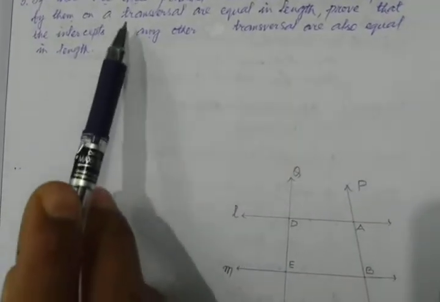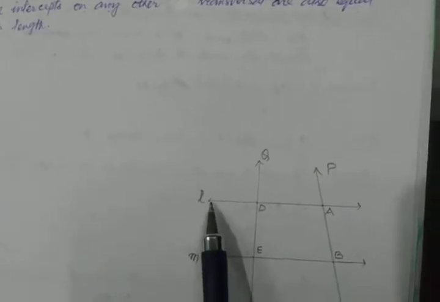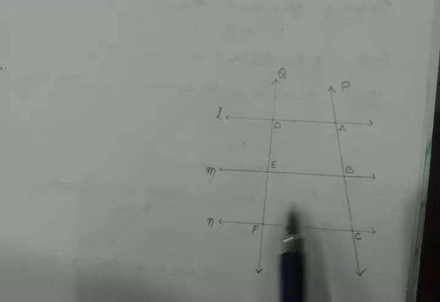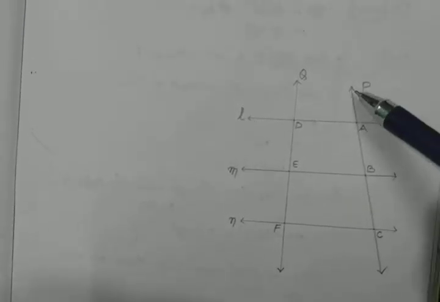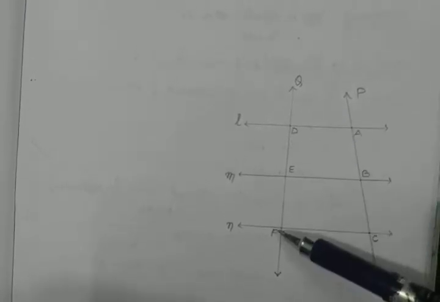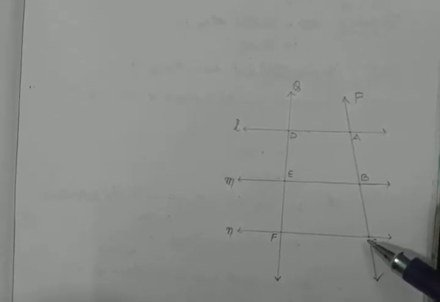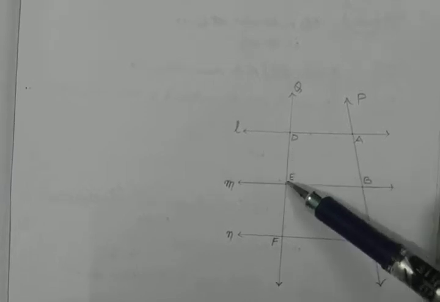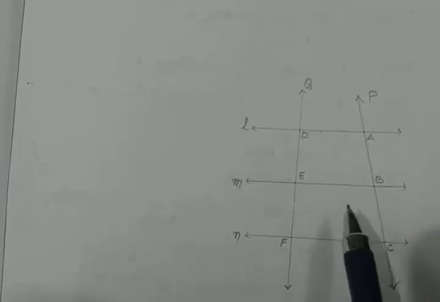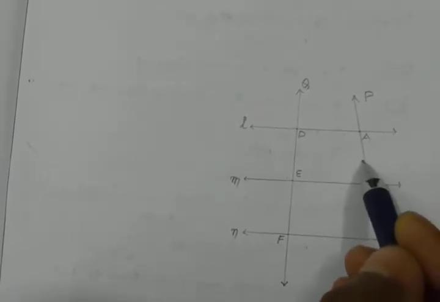So here we have three parallel lines, that is L parallel to M parallel to N. And here I have two transversals, P and Q, intersecting the lines at A, B and C for P, and Q intersects at D, E and F. And it says intercepts on one transversal are equal.